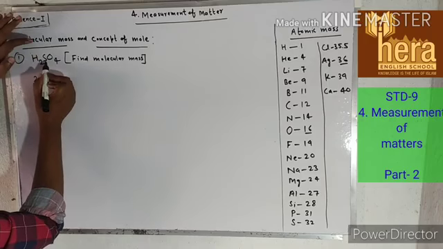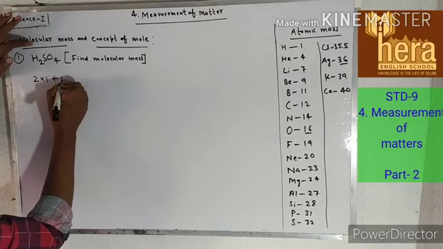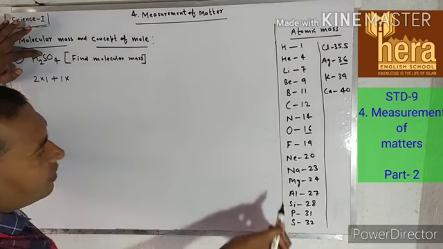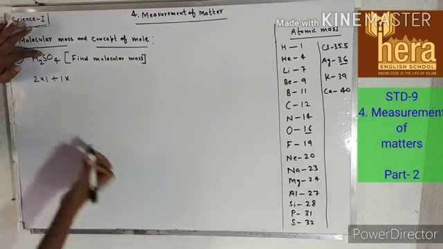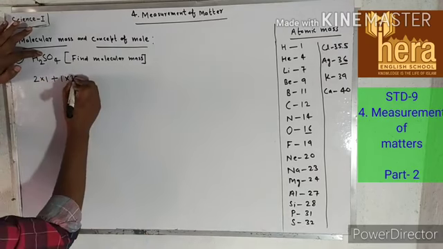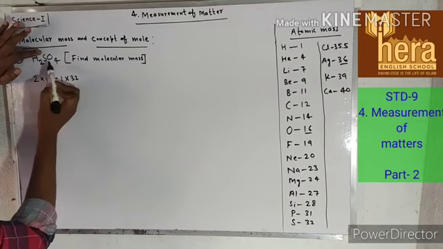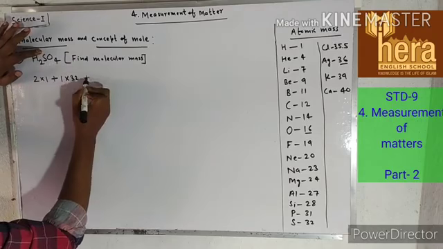In this molecule, sulfur has no subscript. It means here is 1. So write 1 into atomic mass of sulfur is how much? Sulfur is 32. So 1 into 32. Sulfur is done. Now for oxygen, put your plus sign.